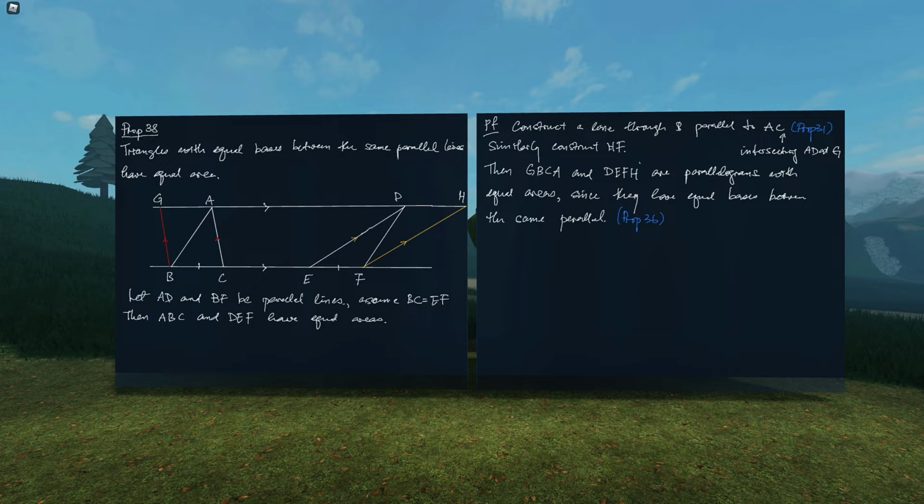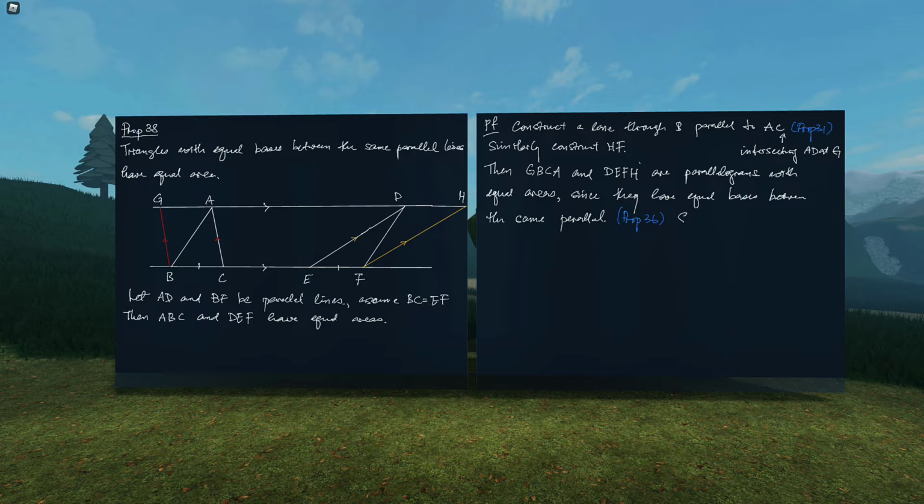And I think the only thing we need to do now is that the diagonals of these parallelograms are the original sides of the triangles that we were trying to consider. So AB and DF, right?